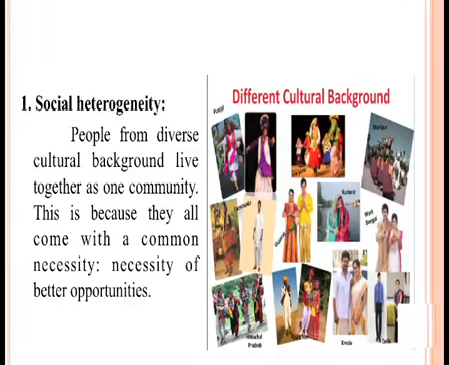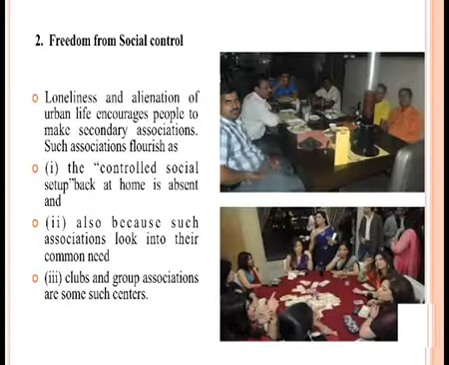First is social heterogeneity. People from diverse cultural backgrounds live together as one community. This is because they all come with a common necessity for better opportunities. Second, freedom from social control.